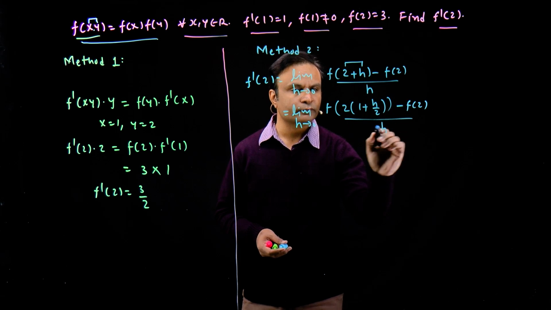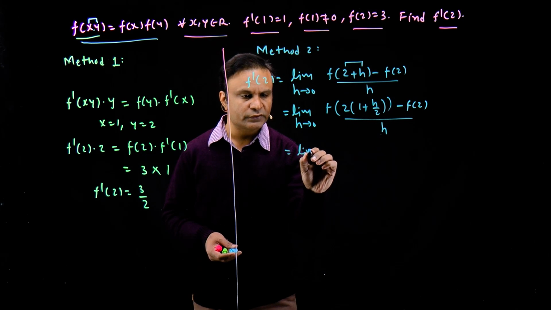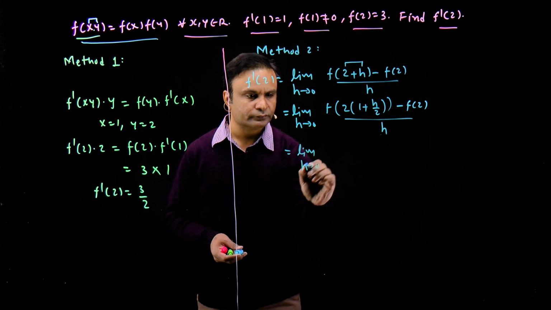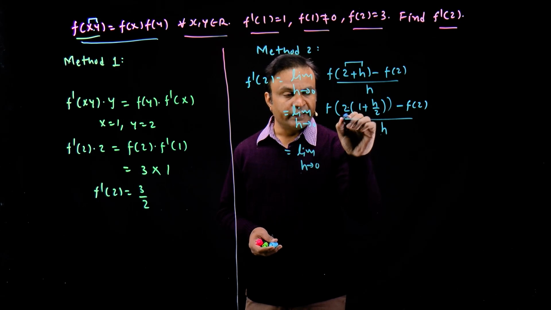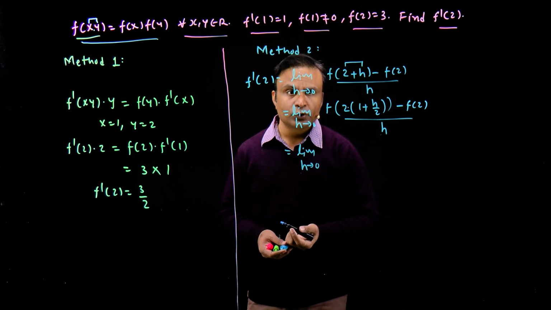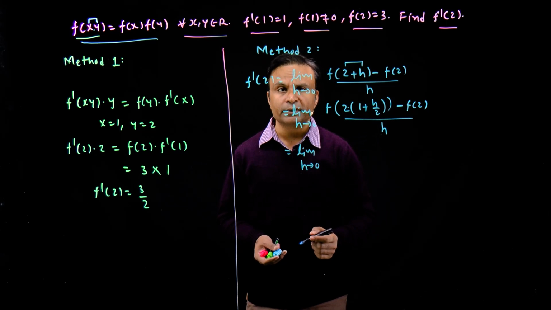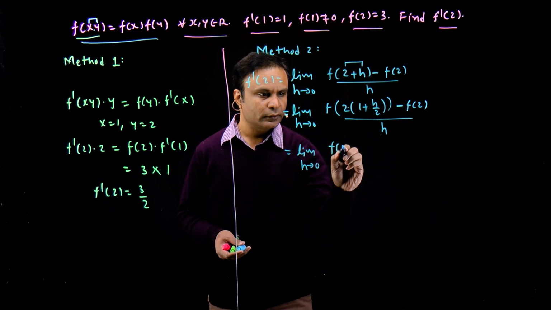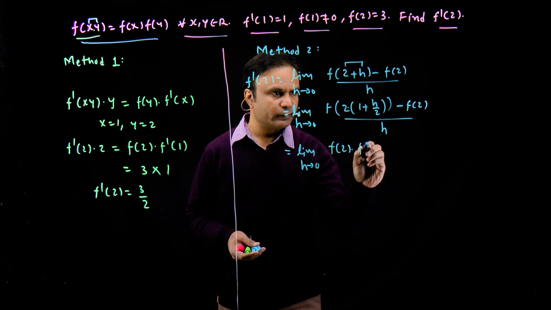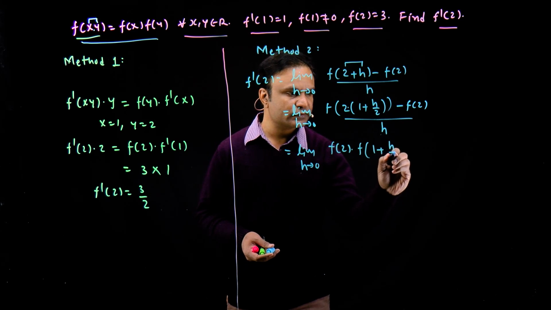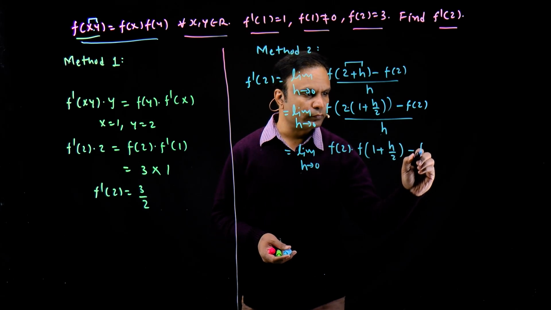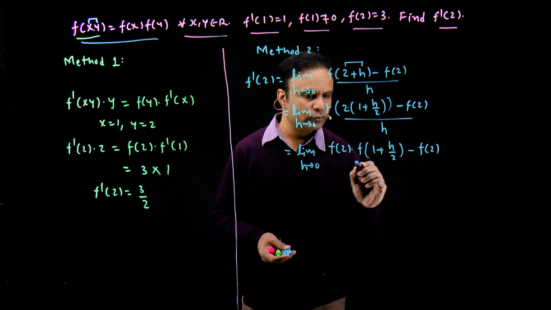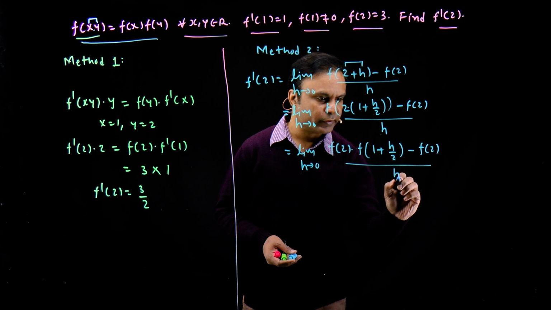Now we can use the given relation. Here say x is equal to 2 and y is equal to 1 plus h by 2. So from this I get f of 2 multiplied by f of 1 plus h by 2 minus f of 2 upon h.